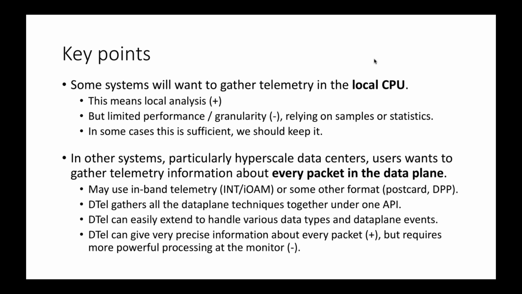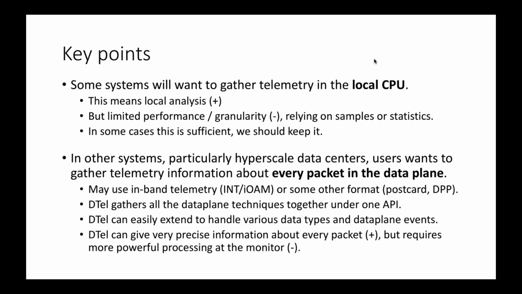So I think TAM is great as it is, and it can also evolve within this framework. But at the same time, data plane telemetry is addressing almost completely different types of users and applications, particularly in the hyperscale data centers. So that's why we are looking at something like in-band telemetry that can monitor each individual packet over the network.